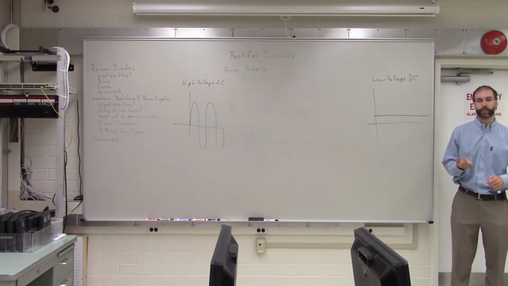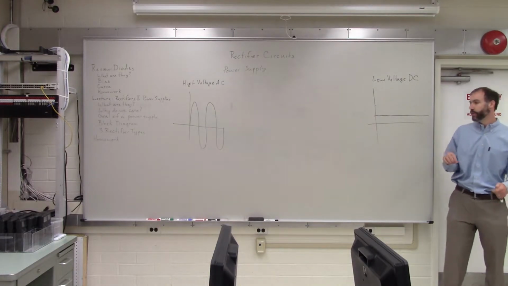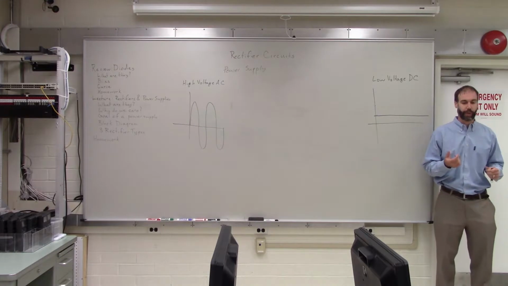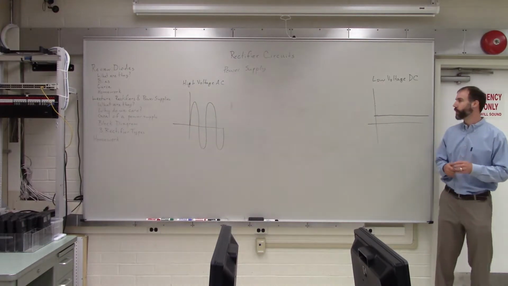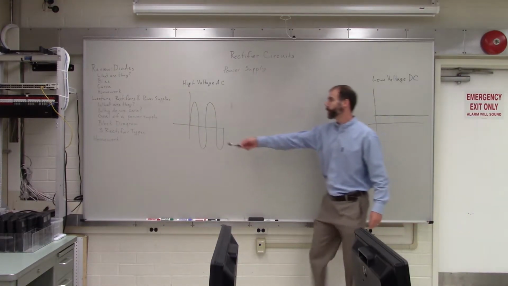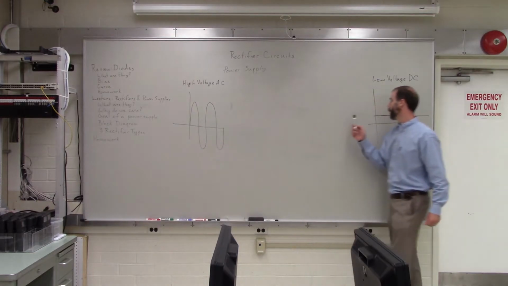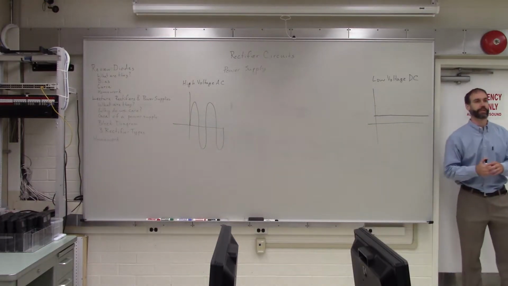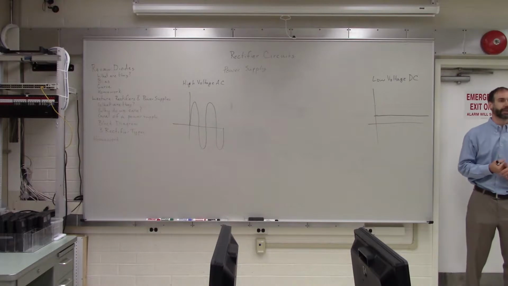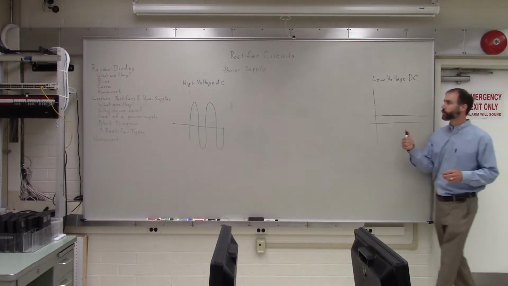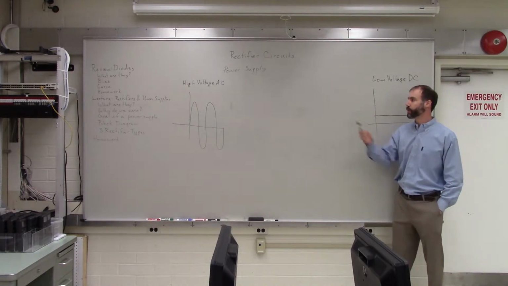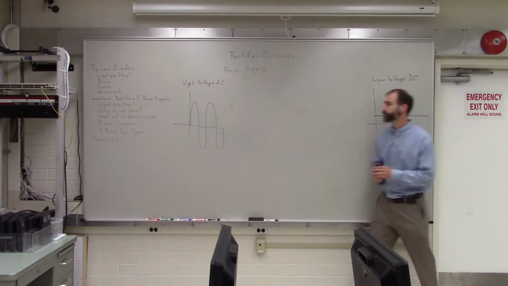If you're using a USB charger, that's 5 volts. A lot of electronics, microcontrollers and things use 3.3 volts now. So we need to take the high voltage AC that comes out of the wall and turn it into the low voltage DC so we can use it to power our electronics. So that's what power supplies do. That's the goal of a power supply.